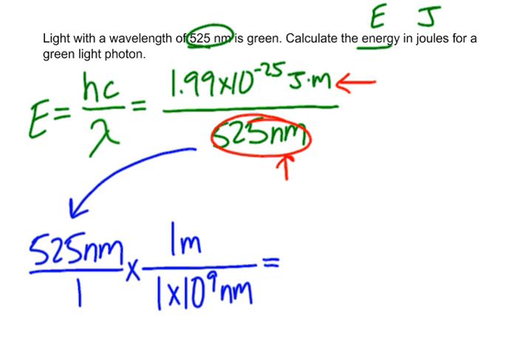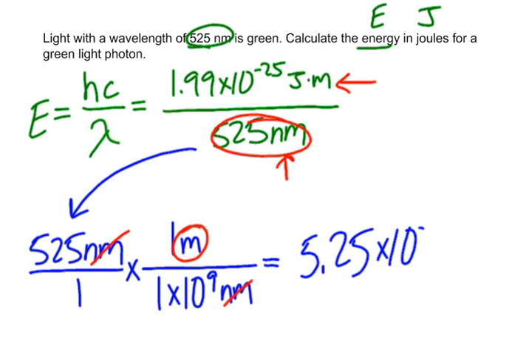You don't need to worry about your intermediate steps right here. Just solve your equation, but try to keep track of your units. I have my answer in meters. It'll be 5.25 times 10 to the negative 7 meters. This value is what's going to go there. So let's go ahead and put it there.